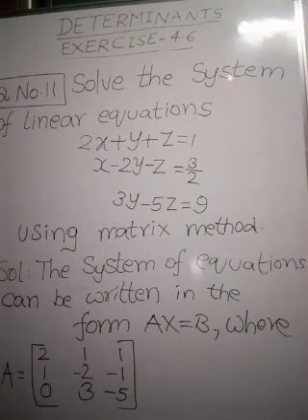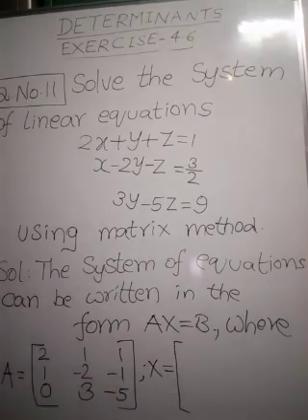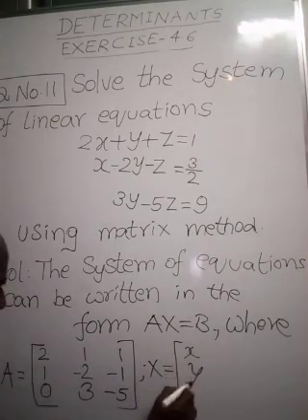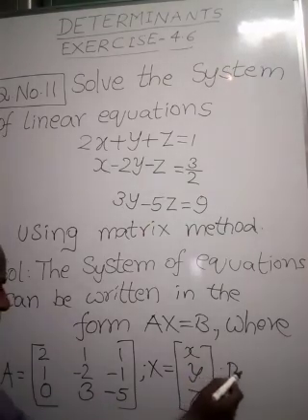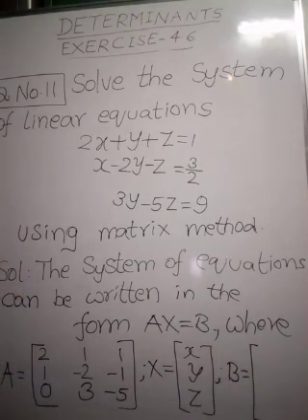This is matrix A. Now come to the matrix X. What is meant by matrix X? Variable matrix. What are the variables in these three equations? X, Y and Z. This is the variable matrix. Now come to matrix B. What is meant by matrix B here?